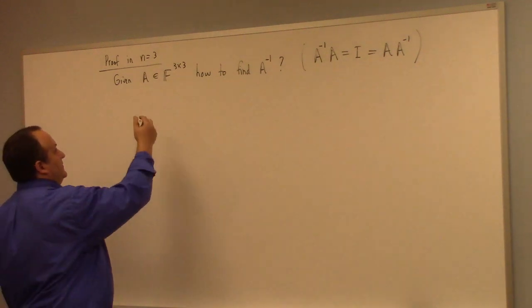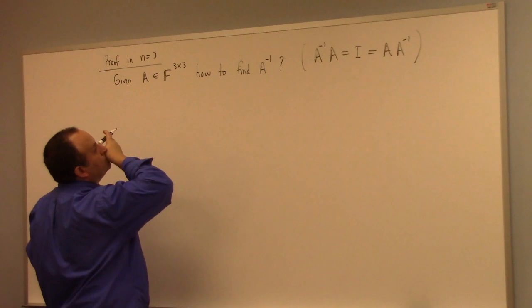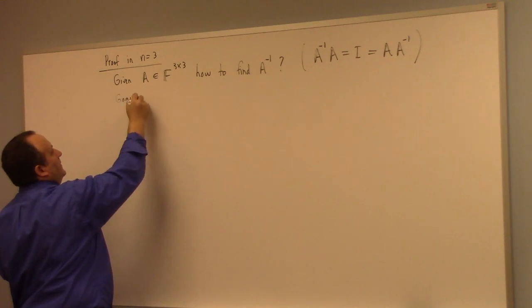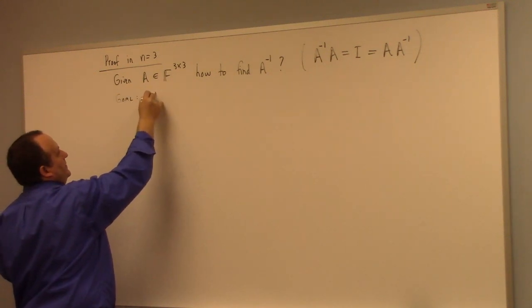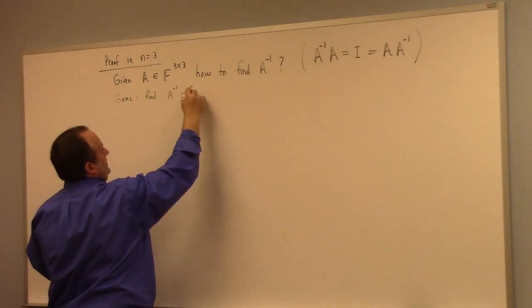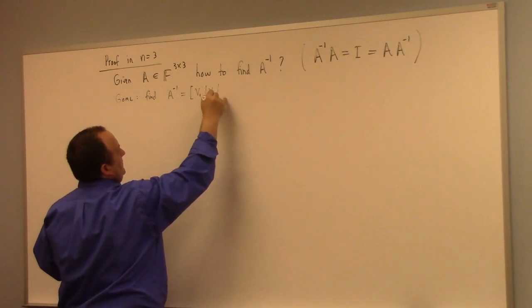So let's just study this. Our goal is to find A inverse, which is equal to, let's say, V1, V2, V3.